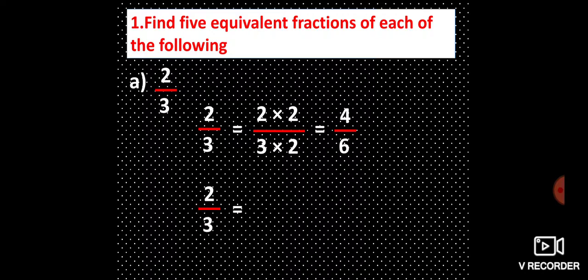2 by 3 equal to. Next we multiply the numerator and denominator with 3. That is 2 into 3 by 3 into 3. That is 6 by 9. So we got 2 equivalent fractions. Next, the third equivalent fraction. We multiply the numerator and denominator with 4. 2 into 4 by 3 into 4 equal to 8 by 12.